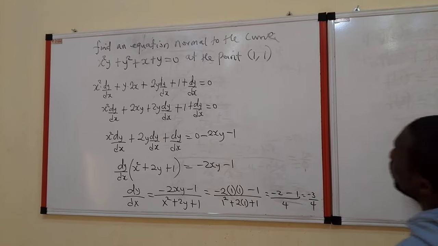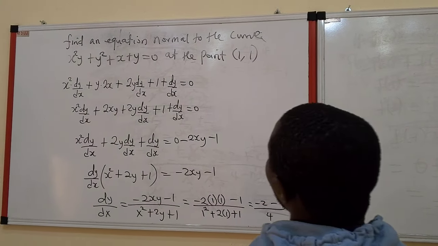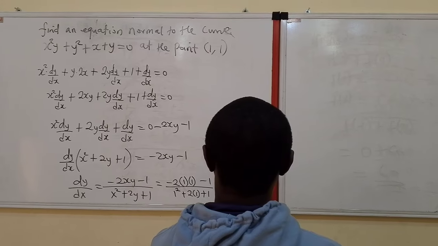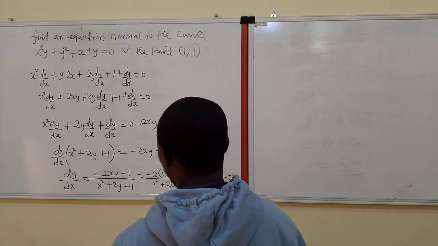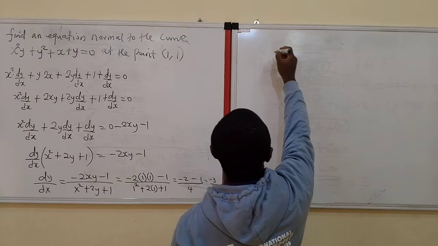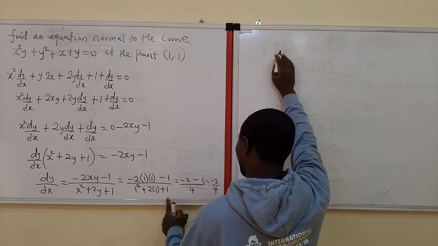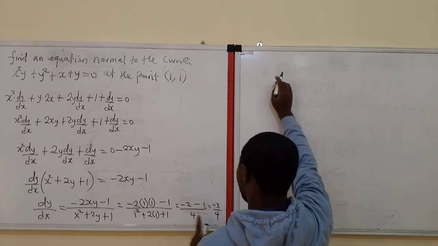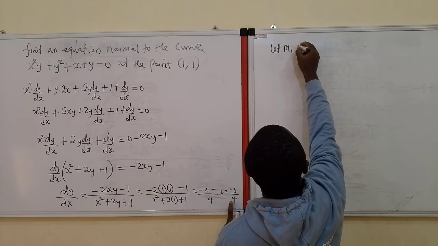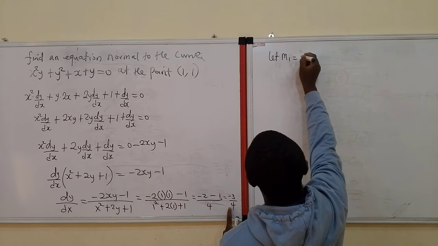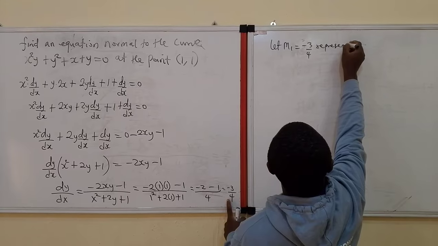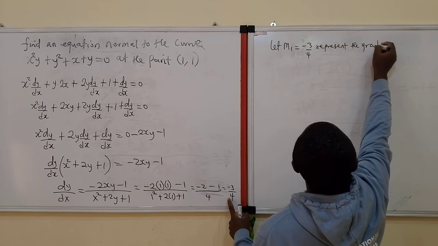The relationship between the normal to the curve and the gradient of the curve is that the product of their gradients is minus 1. So now, we know that the gradient of the curve is minus 3 over 4. Now we say, let m1, which equals minus 3 over 4, represent the gradient of the curve.